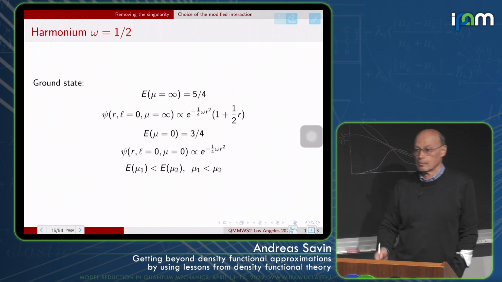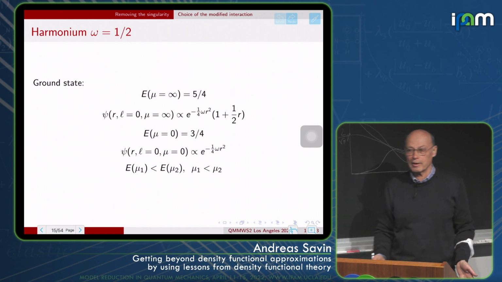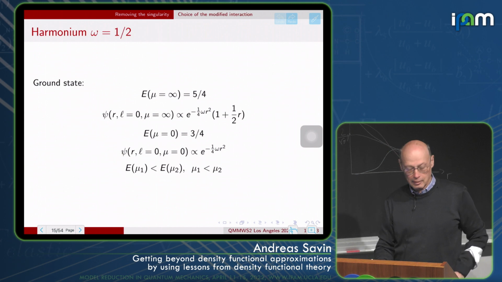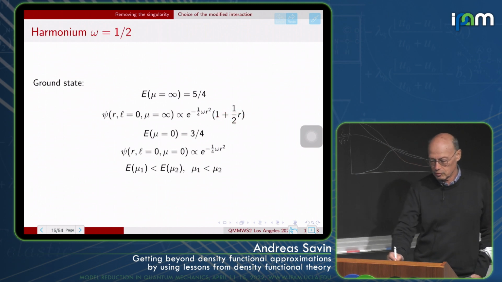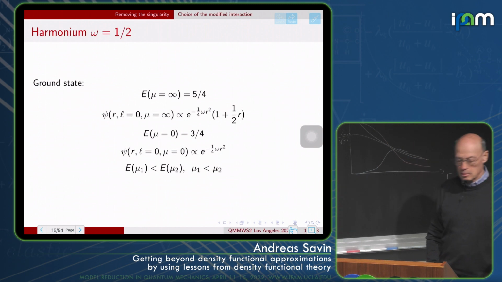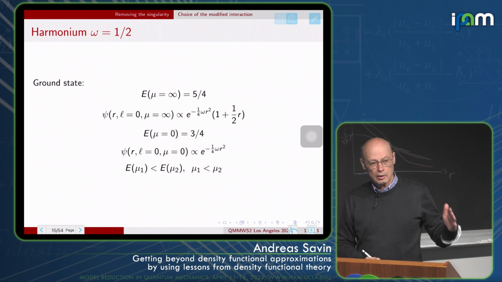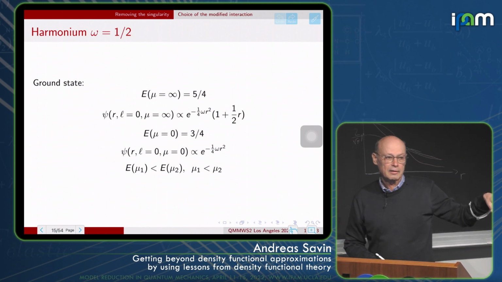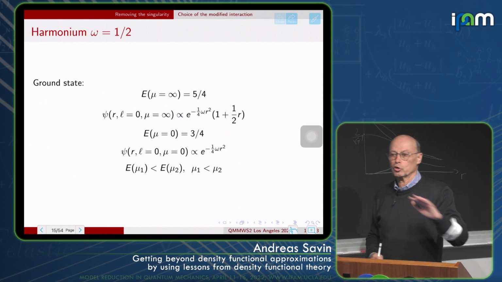You know the solution, you see how the wave function behaves. And if you switch off the interaction, these terms disappear, so you have just this. When you go from the non-interacting system to the Coulomb interacting system by switching on mu, the energy is increasing monotonically.